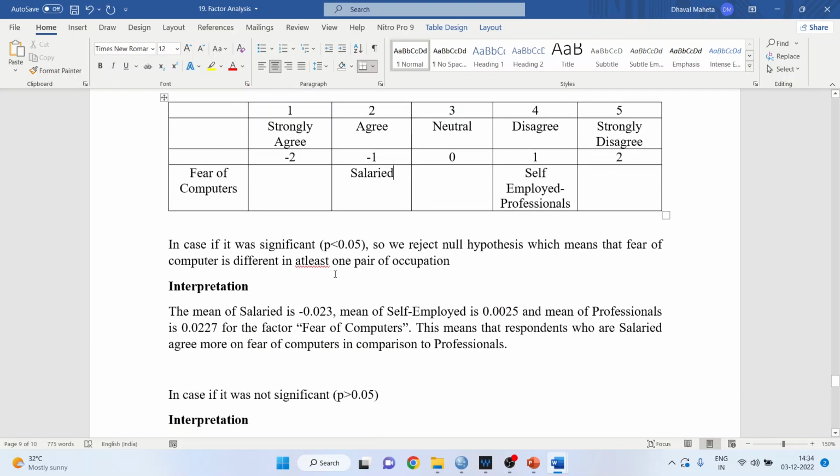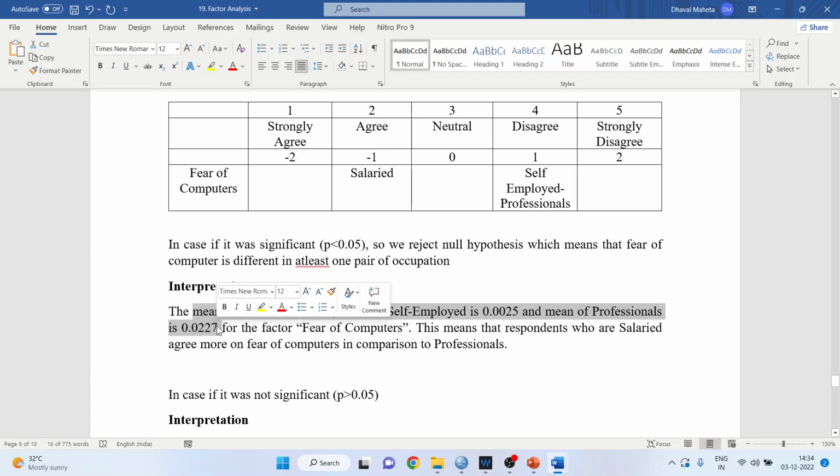In case it was significant, we reject the null hypothesis that we have done. The mean of salaried is minus 0.023. Mean of self-employed is 0.0025 and mean of professional is 0.0227.